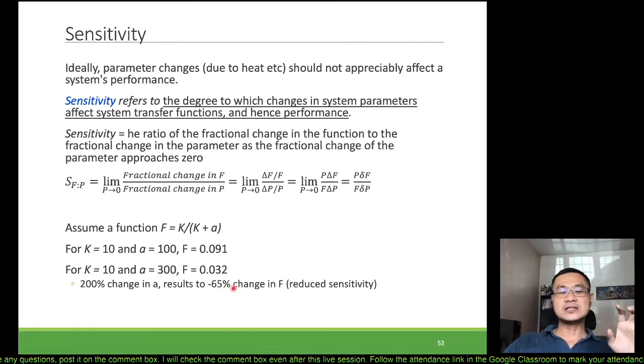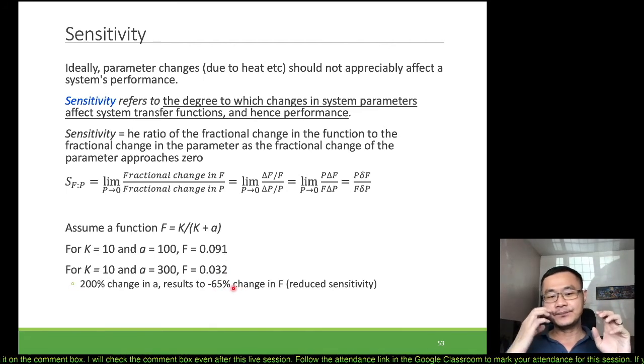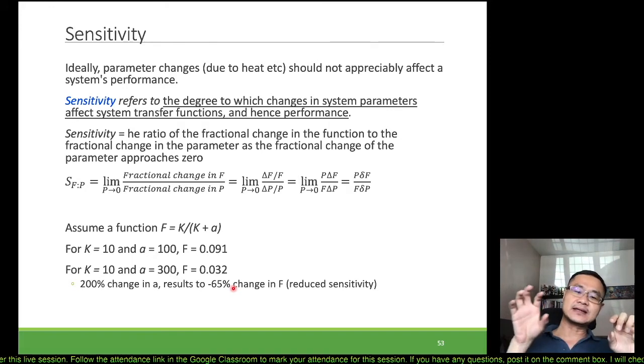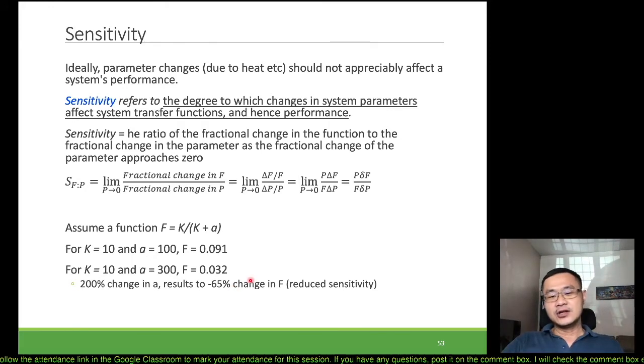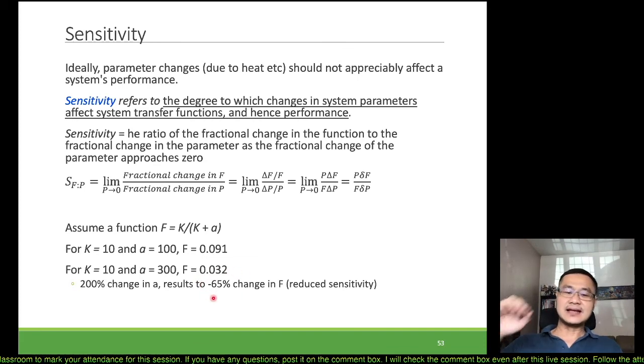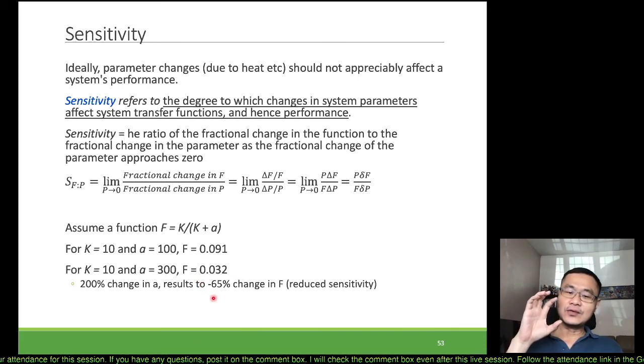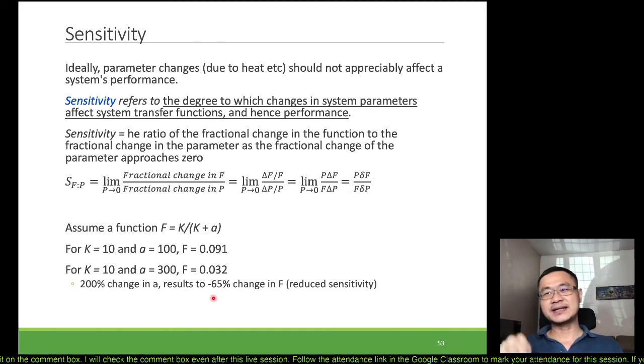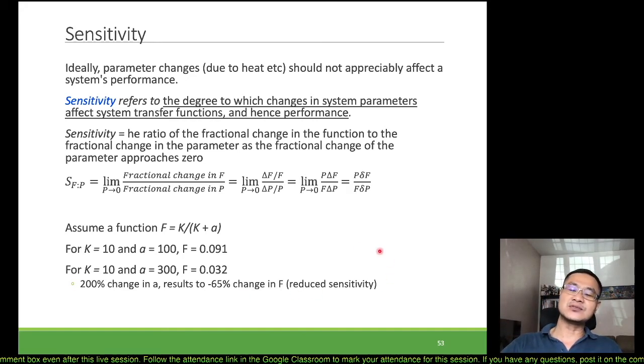So this is how we can see the sensitivity in terms of changing a and how it affects the function f. Since this is less than 100%, and it is shrinking on the negative side, we say that this is a reduced sensitivity.